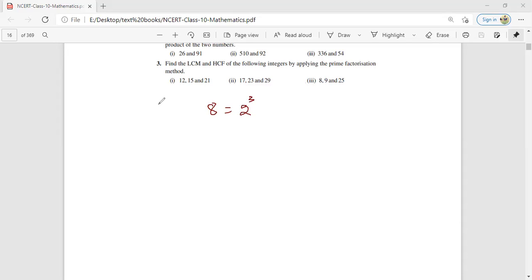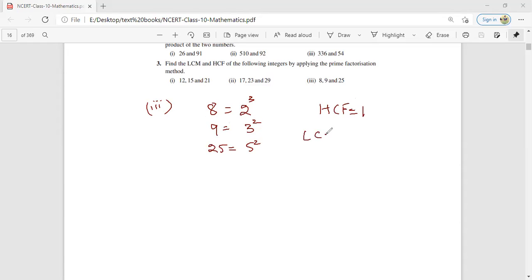We are doing the third question. And prime factors of 9 is 3 raised to power 2. Prime factors of 25 are 5 raised to power 2. So HCF means highest common factor. The number which is common, first check, is there any number which is common? No. So therefore HCF is 1.